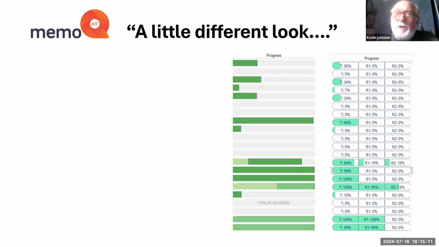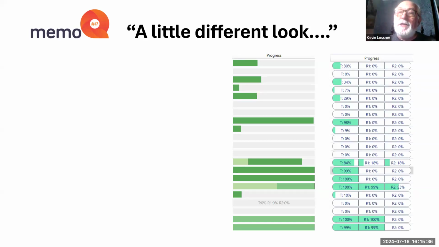With my eyes, I have a lot of problems with contrast in a lot of applications today. Seems like a lot of things are being done by young programmers with perfect vision who seem to think that shades of gray on shades of gray are perfectly easy for everybody else to read. I beg to differ. But in any case, memoQ has done a good thing now. On the right side, you see what the progress bars now look like.